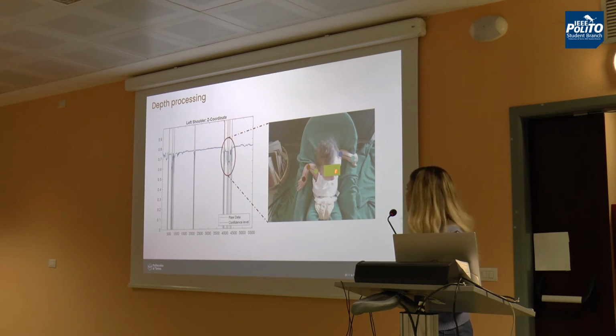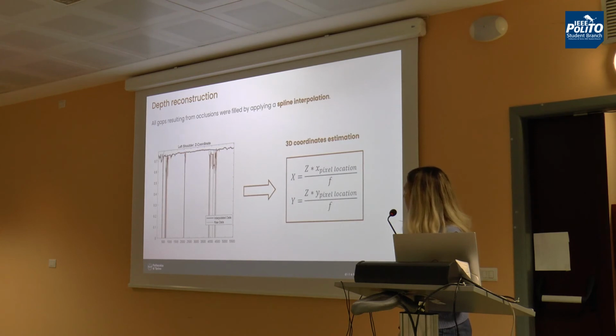To solve this problem, it's possible to use the information of the confidence level, because I set a threshold on the confidence level to remove the frames below this threshold. All gaps are filled by applying a spline interpolation to obtain the 3D coordinates estimation.